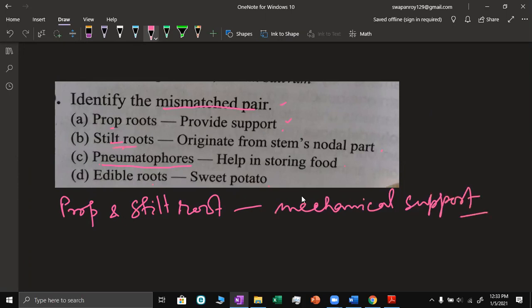The stilt root originates from the nodal part. This is true. And prop root originates from the aerial branches. Pneumatophore is not for storing food. This one is actually for respiration, that is gaseous exchange.